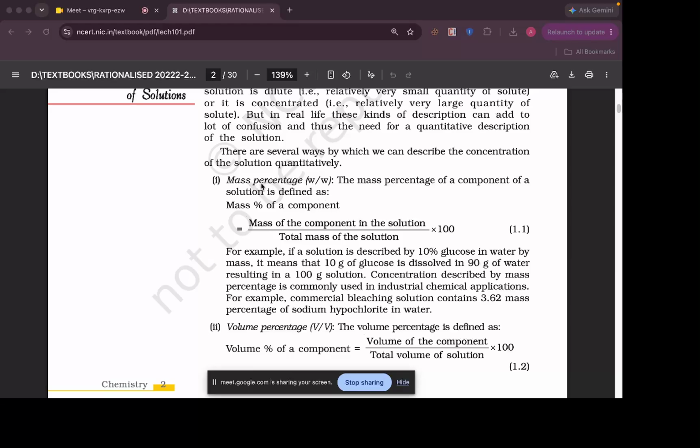Whenever percentage comes, into 100 will come, and I have to divide by the total, so the total mass of the solution will come. So mass percentage of a component is equal to mass of the component in the solution divided by total mass of the solution into 100.